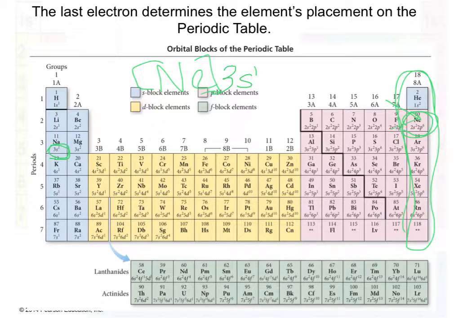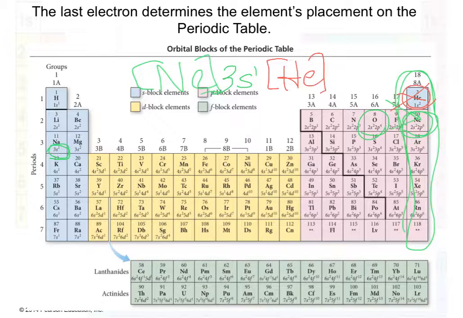Let me do one more. Let's do oxygen. The noble gas nearest before oxygen is helium. So we're going to put helium in brackets. Now, we have to account for all of the electrons after helium up to and including oxygen.